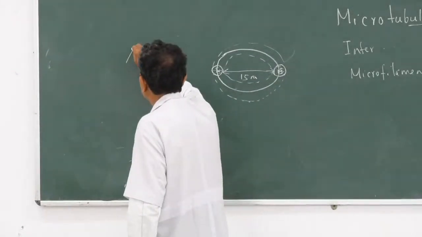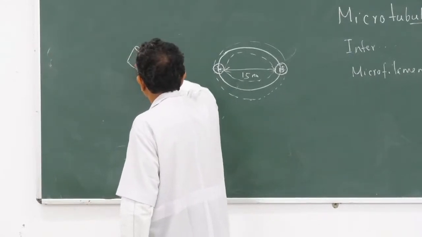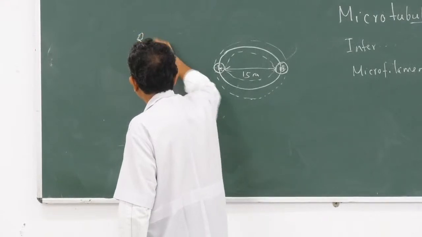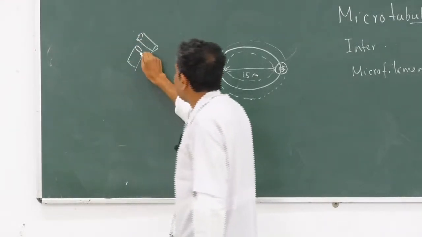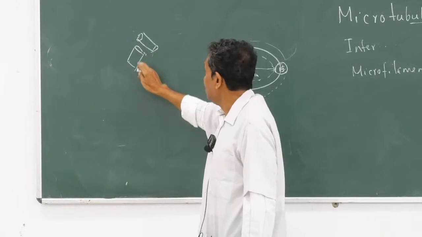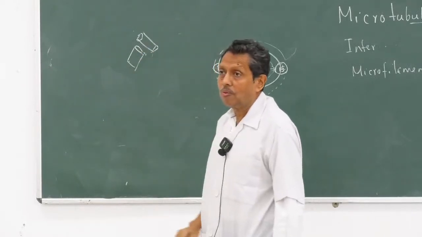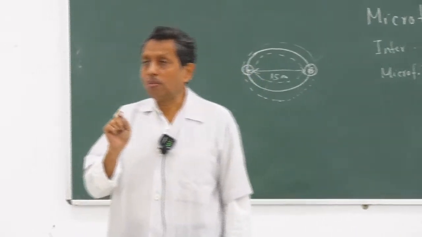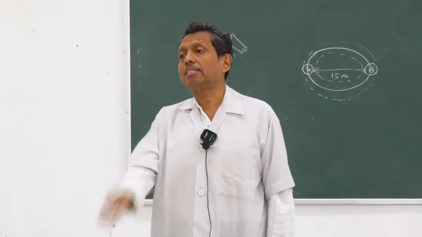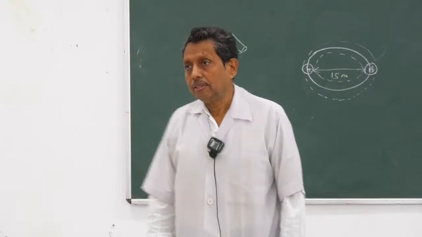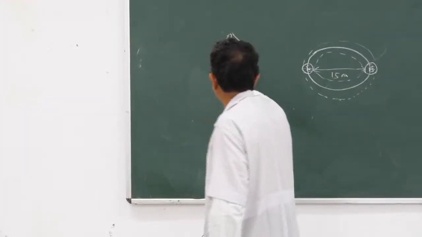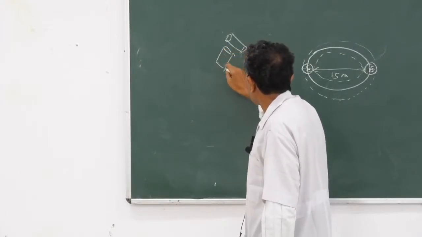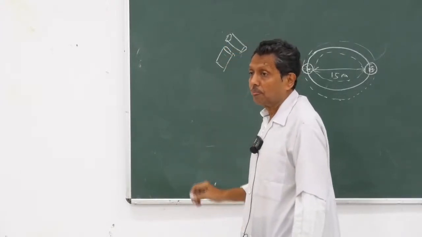The centrioles are placed at right angles to each other, and their wall is formed by microtubule-like structures, triplets. The centrioles are formed of 9 triplets.